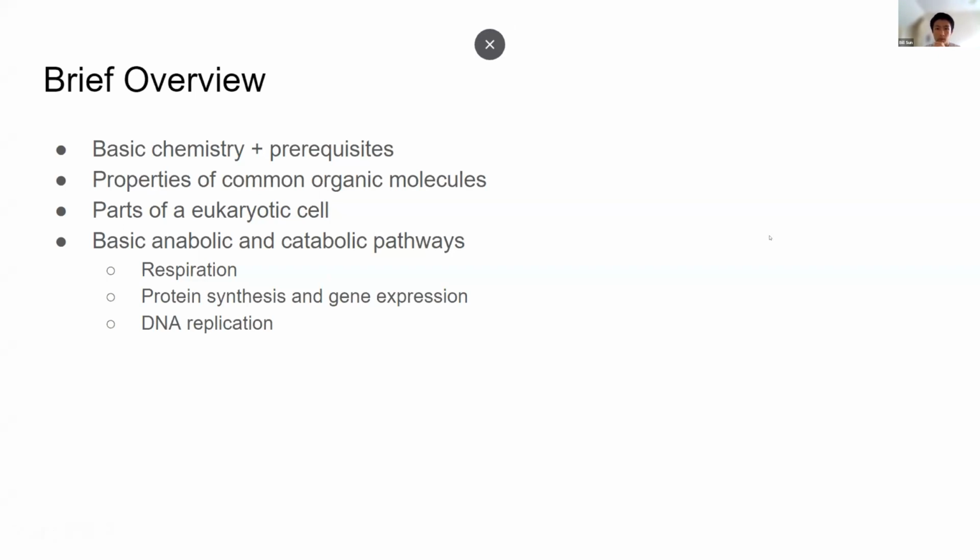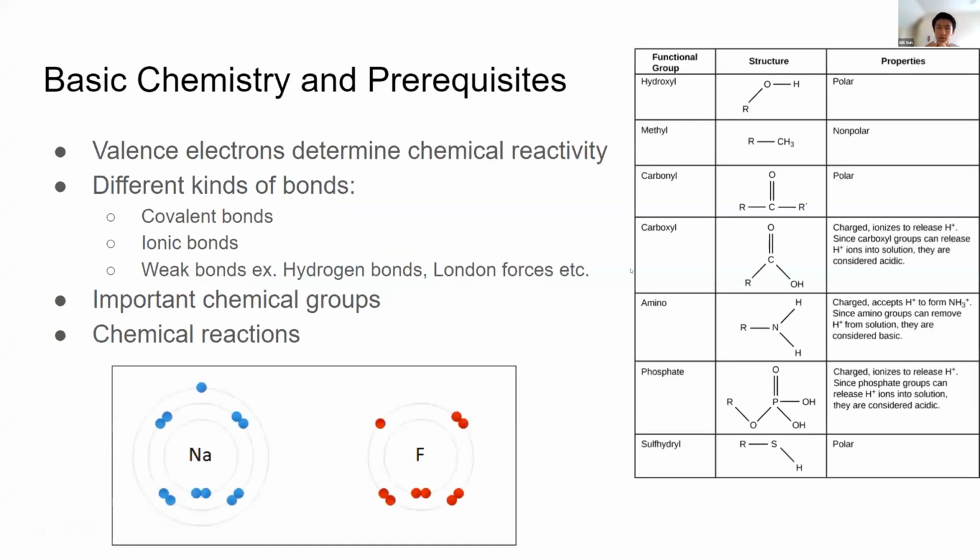Okay. So first we'll be going over some basic chemistry and prerequisites that you may need to know before you begin your pursuit of biology. So first of all, it's important to know that valence electrons inside of an atom or a molecule determine the chemical reactivity of the particular atom that you're looking at.